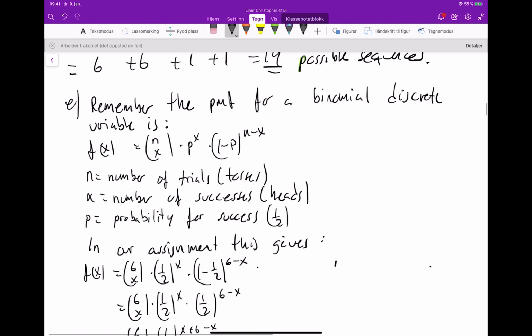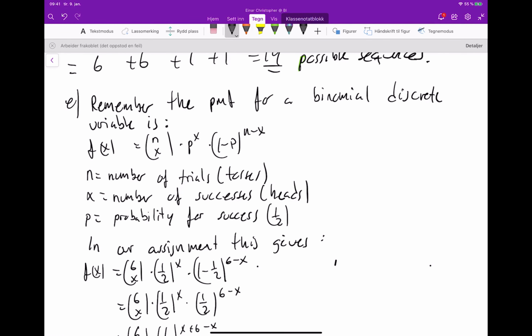Okay, we are now working with a binomial discrete variable, and remember that the probability mass function for a binomial discrete variable is on the form f of x equals n over x times p to the power of x times 1 minus p to the power of n minus x, where n is the number of trials, tosses in our case, x is the number of successes, heads in our assignment, and p is the probability of success, which is equal to half under H0.